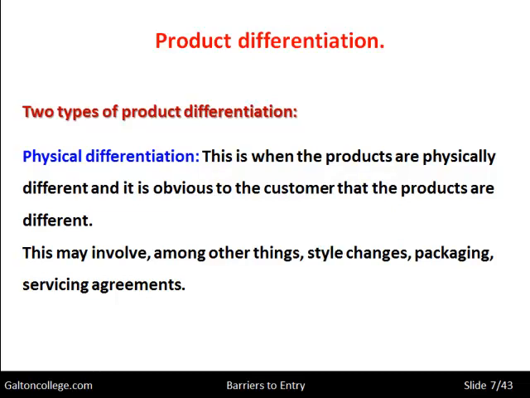And this means that the company has in a sense created a monopoly for itself because it has a monopoly on the style of the product or on the packaging, or it's got a monopoly on the functionality of the product. So it's differentiated itself from the other producers who are making perhaps similar products or working in the same area. So the company has differentiated its product, and in so doing, it has marked itself off from the others.